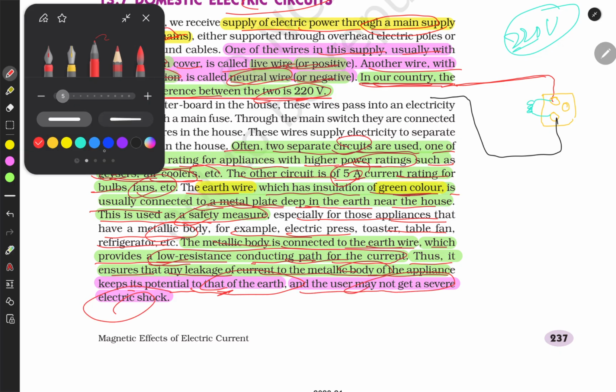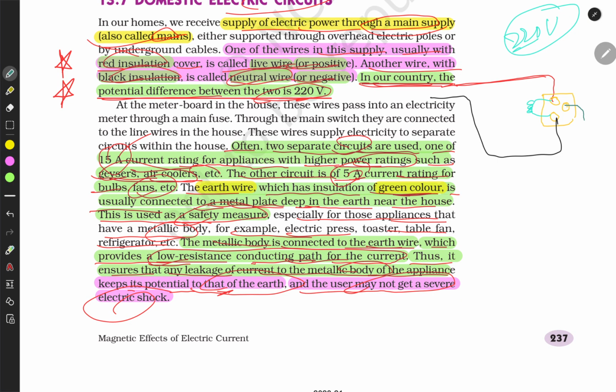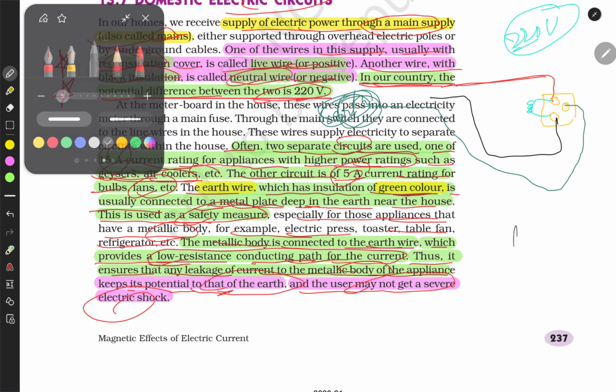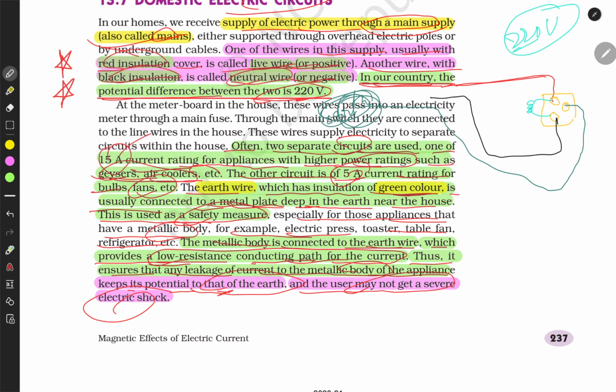So what he's saying is, we have another green wire which goes out of earth, inside the ground. Earth is this. So what is that? Suppose we have here an electric heater. Okay, so electric heater, what will it do?